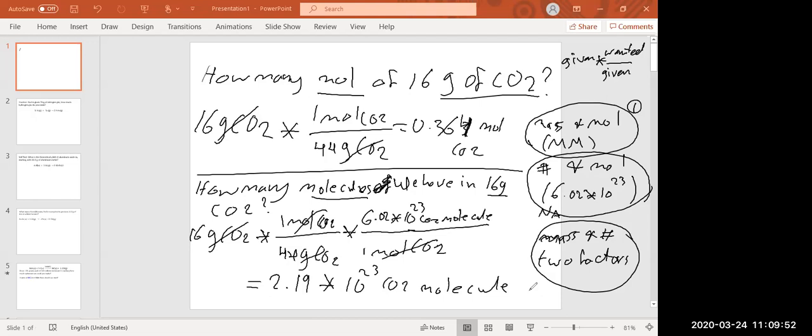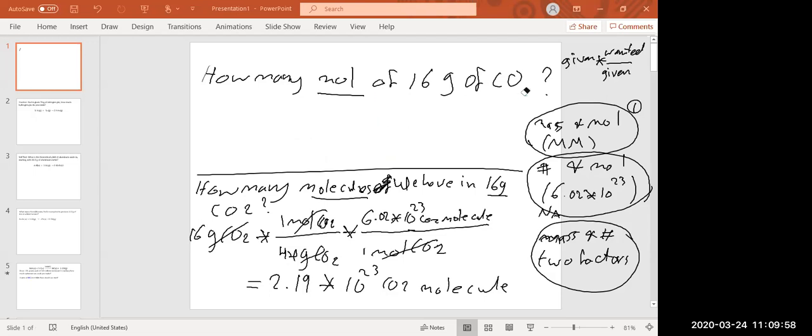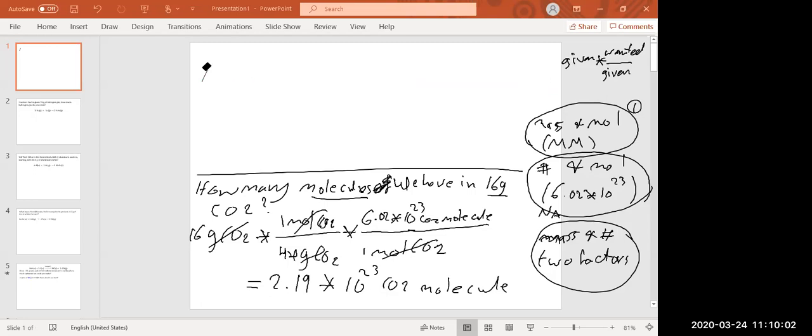Let's practice with one more example quickly. So look here, for example, if they ask for this one, how many mole in 2 times 10 to power 17 water molecule, H2O molecule.